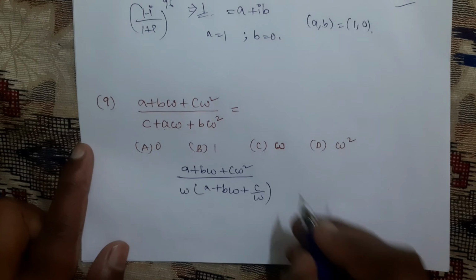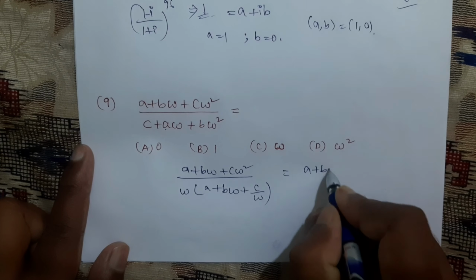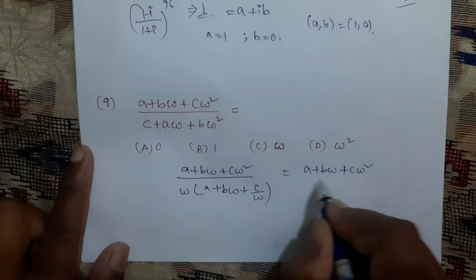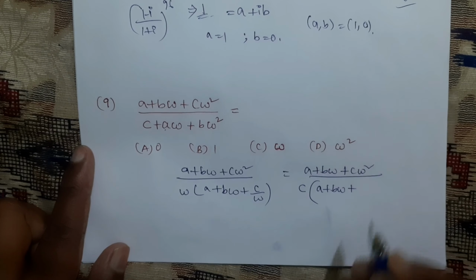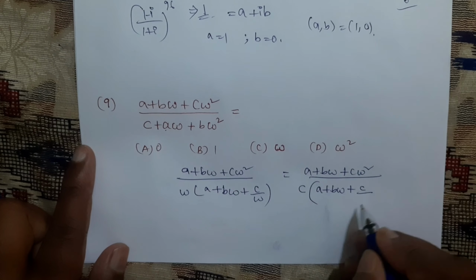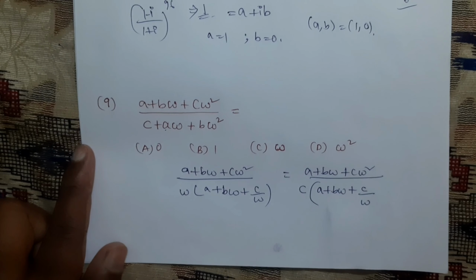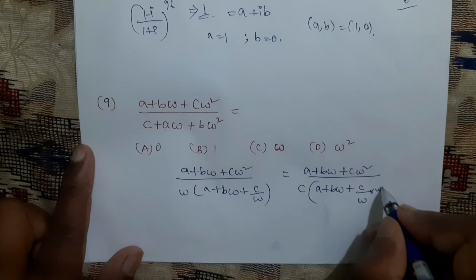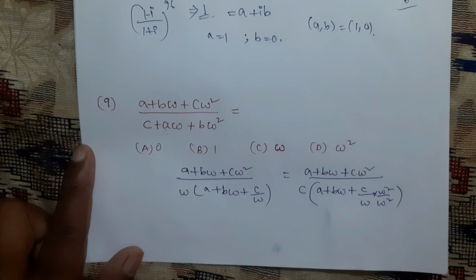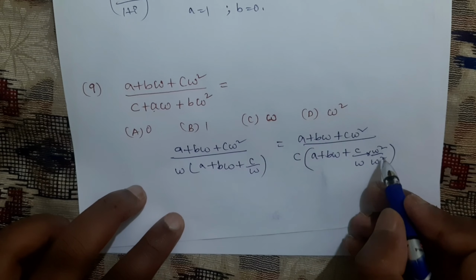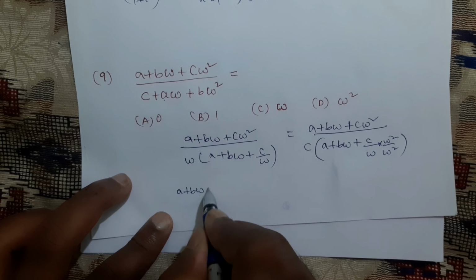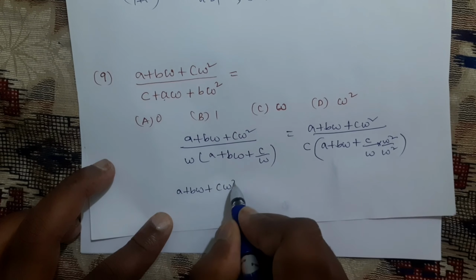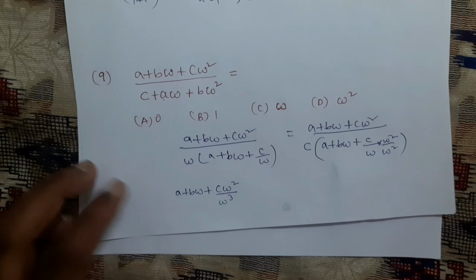Understood? Next, this one I will write as a plus b omega plus c omega square divided by c into a plus b omega plus, for the c by omega I am multiplying with omega square by omega square. See, I am considering only the denominator: a plus b omega plus c omega square by omega cube.